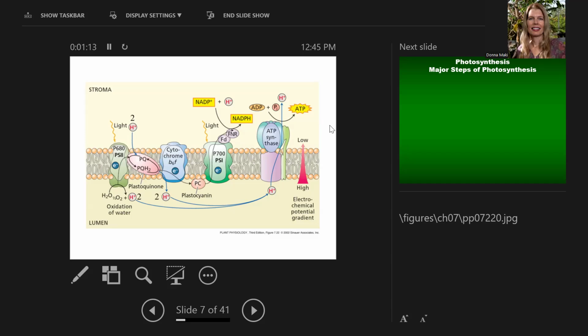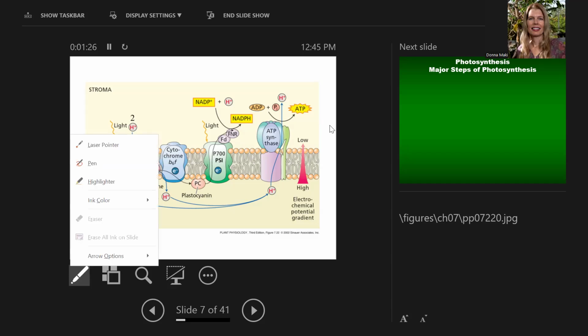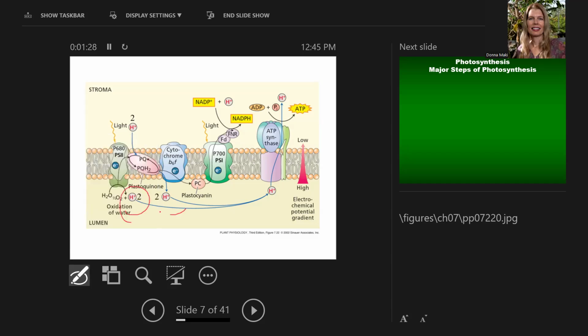And then the other goal is to figure out how to tie this electron flow to making some ATP. They're doing that by getting a proton gradient established. Key parts of this process allow for protons to build up in the lumen of the thylakoid.